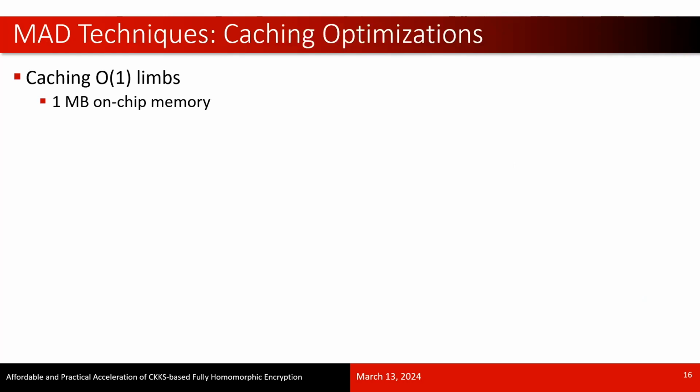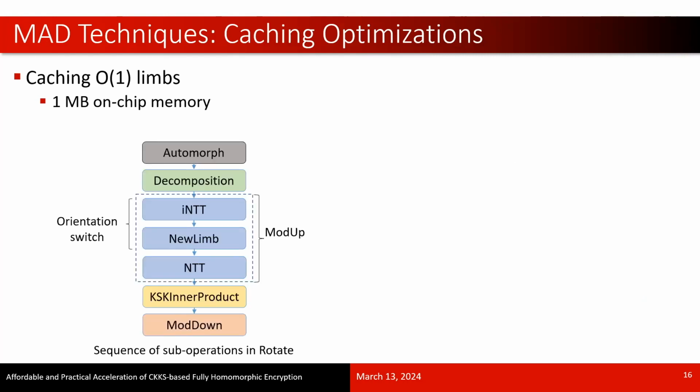The first optimization is caching open limbs, wherein we consider that we have only 1 MB of on-chip memory available. Now if we want to perform a rotation on a ciphertext that has 3 limbs, naively we will perform automorph on all 3 limbs, requiring 3 reads and 3 writes.